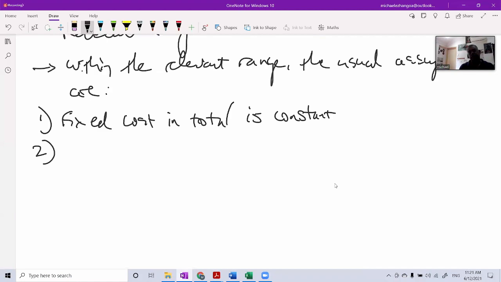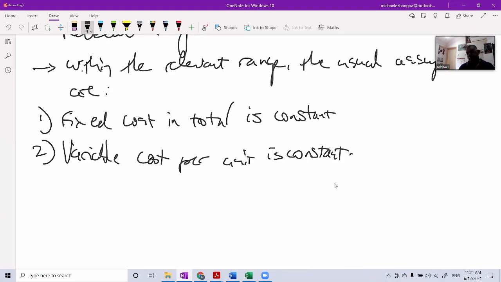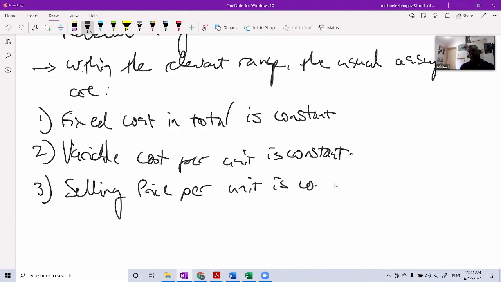Number two, variable cost per unit is constant. And number three, selling price per unit is constant.